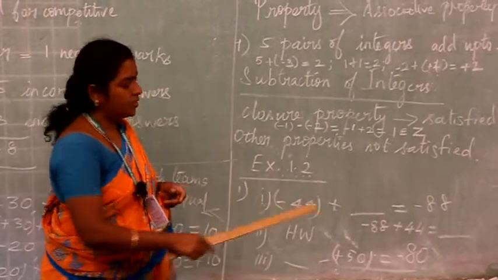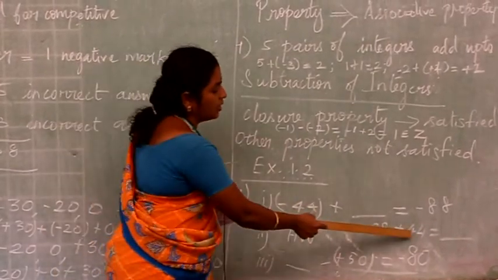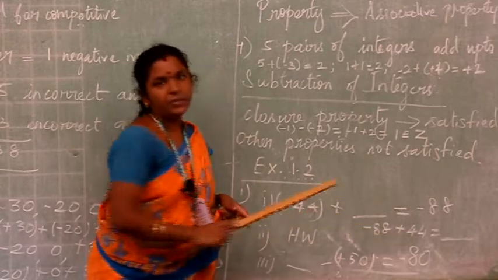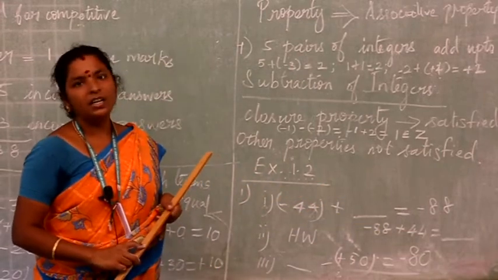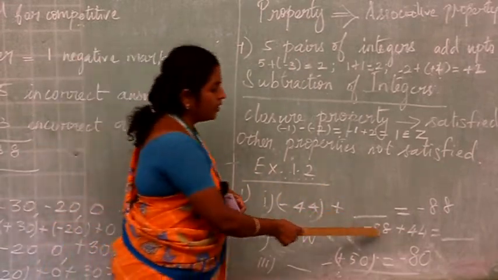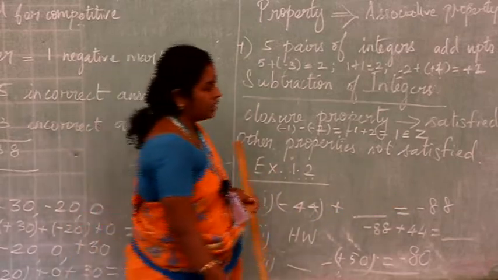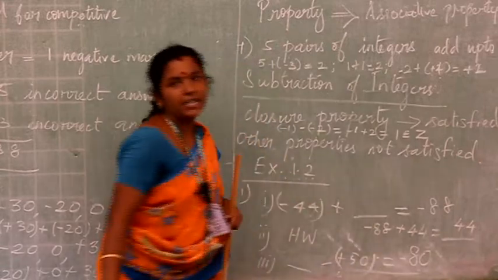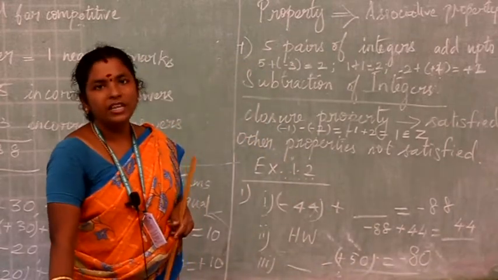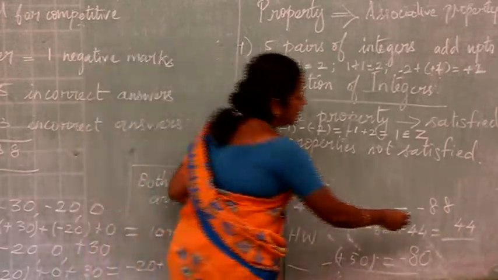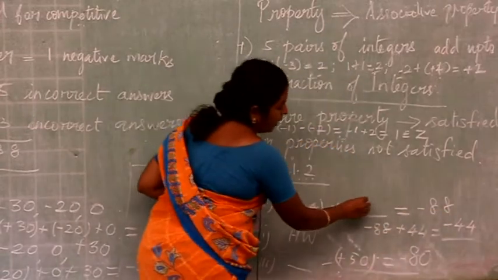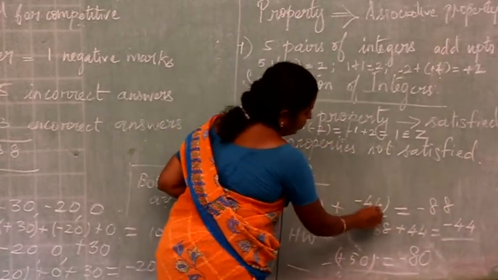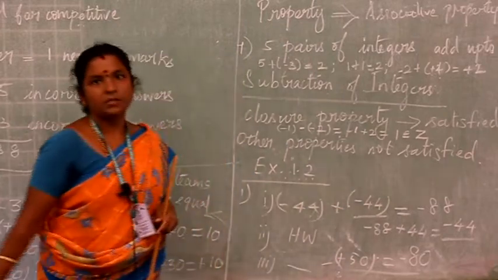So you have seen here, one is negative, the other one is positive. Opposite signs, you have to subtract and give the greater number's sign. If we subtract these two, what is the answer you will get? The same 44 you will get. Which is the greater number among these? Minus 88. So we are going to give the negative sign for this, which is minus 44 here. So your answer is minus 44. Give a bracket for this.